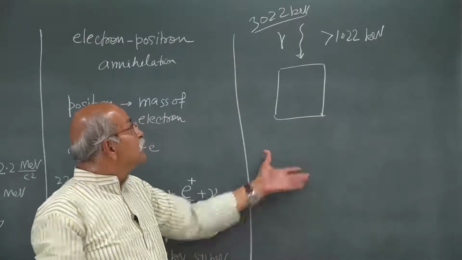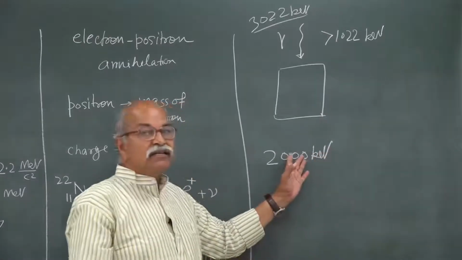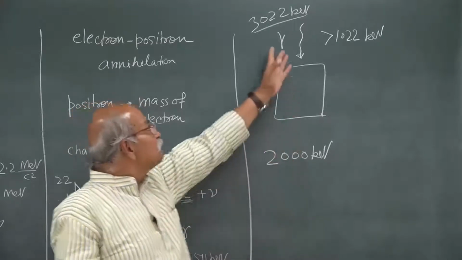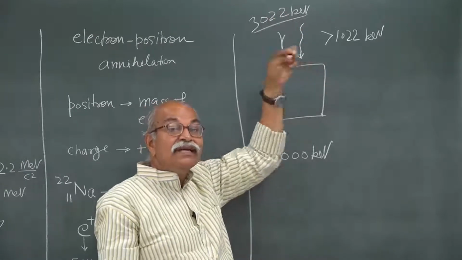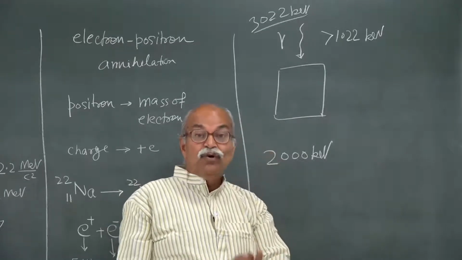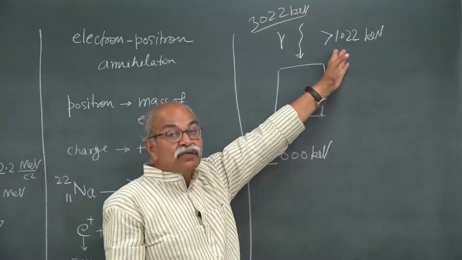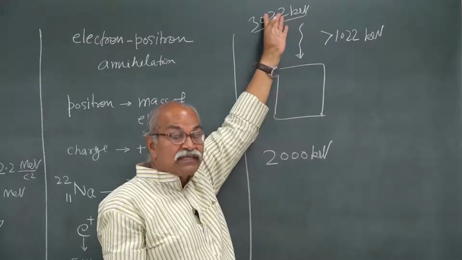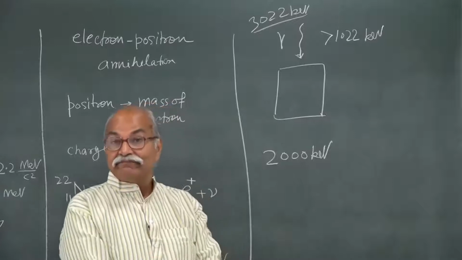So, if you are getting something like 2000 keV, if you are detecting these gamma rays, where are they coming from? They are coming from the fact that this much energy out of this has been converted into an electron and positron. A new electron has taken birth, a new positron has taken birth at the expense of 1022 keV out of this, and the reduced energy, which is 2000 keV, appears in the detection system.